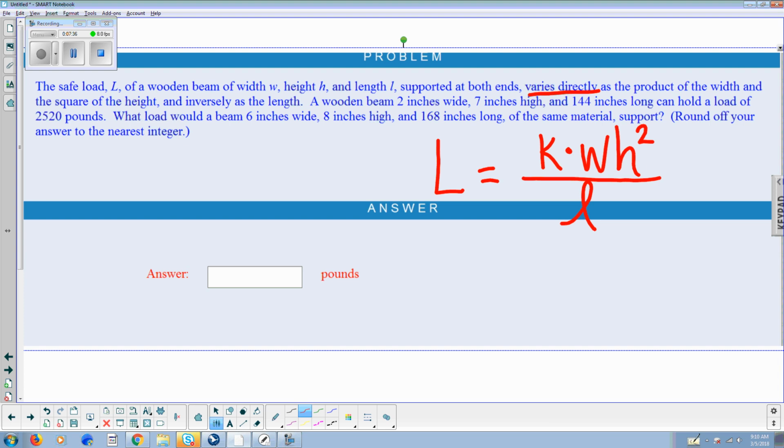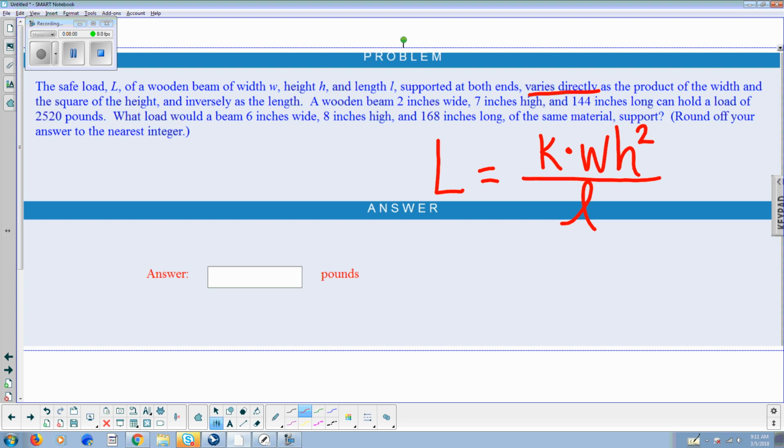Okay, direct and inverse variation, the first step is to create a formula. The second step is to substitute in numbers and solve for K. The third step is to use what you found for K in the specific situation they're asking you to find. So step 1 was create this formula. All right, step 2. We're going to solve for K by substituting in the example information they give us.